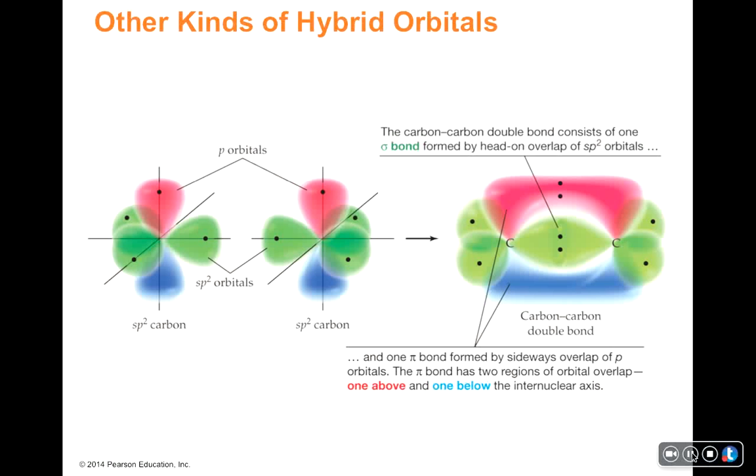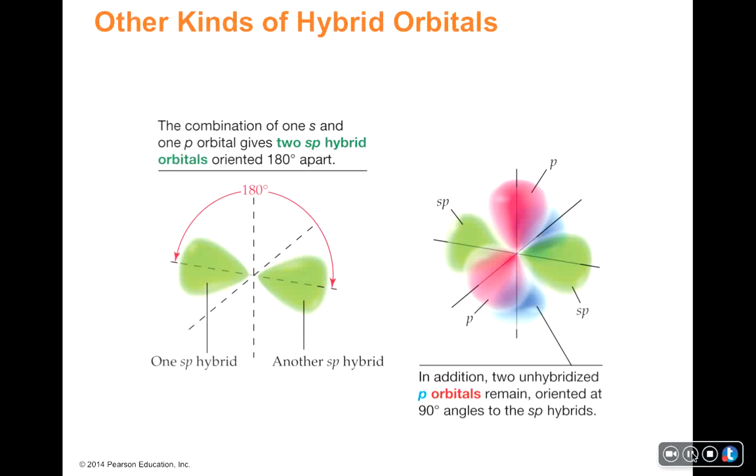The second of that double bond results from overlap of the p orbital, which is shown on the top and the bottom. Remember, the p orbitals have 2 lobes to them. So the red on the top and the blue on the bottom are showing the overlap of that one p orbital and the other p orbital in the other carbon atom. And that's what forms that second bond.